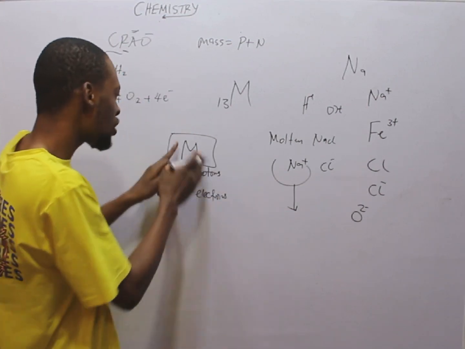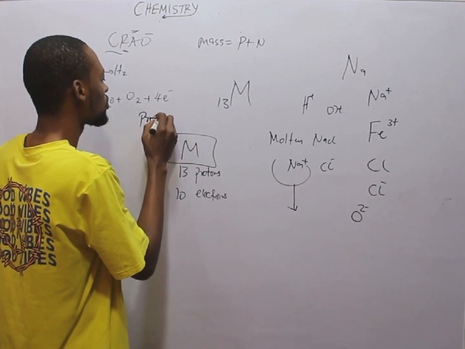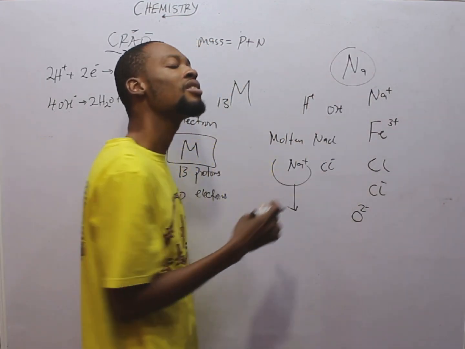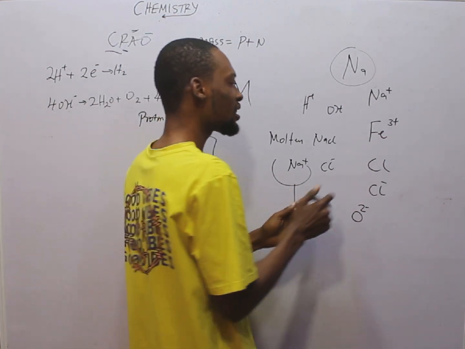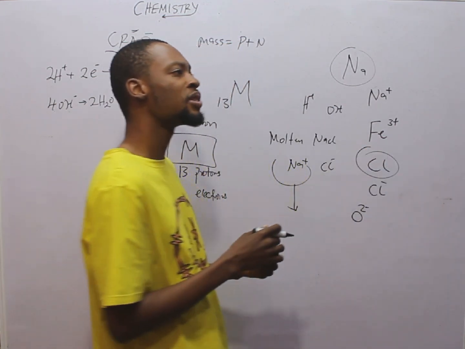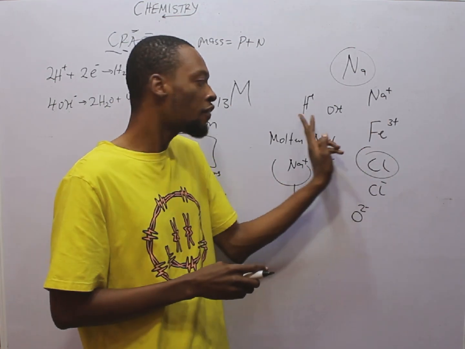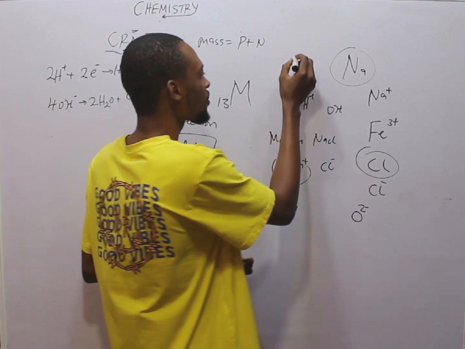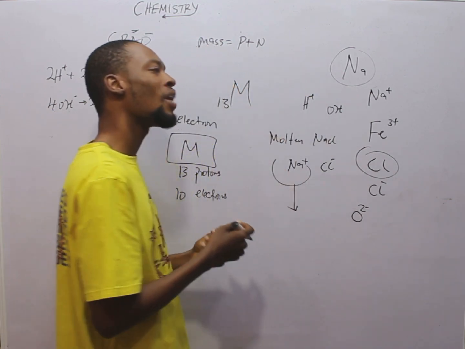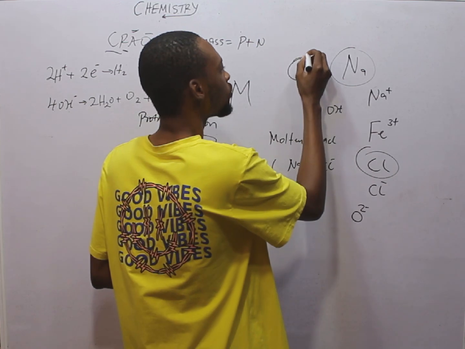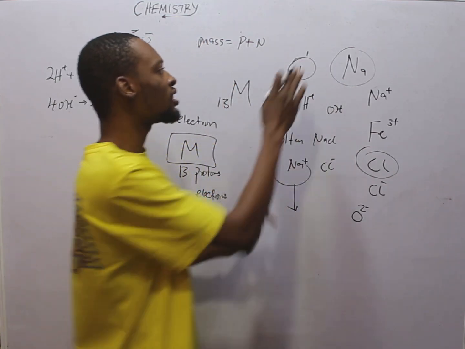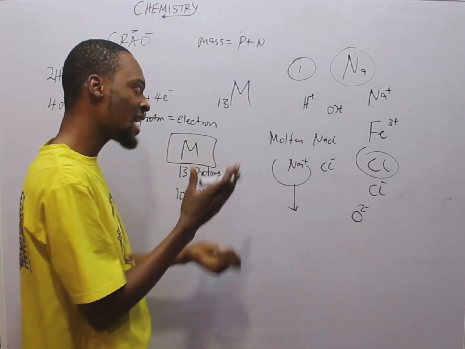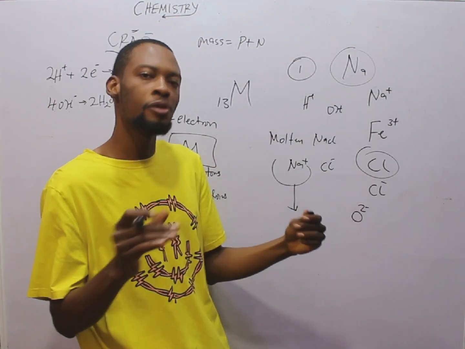For a neutral atom, the number of protons is equal to the number of electrons. But for an ion, even the hydrogen ion, the number of protons is not equal to electrons. In fact, a hydrogen atom has 1 proton and 1 electron. So once this hydrogen ion loses its electron, it doesn't even have an electron again. It becomes a proton. This is why the hydrogen ion is also referred to as a proton.